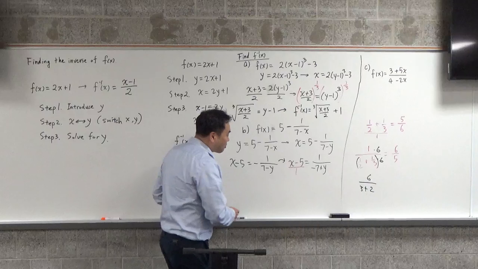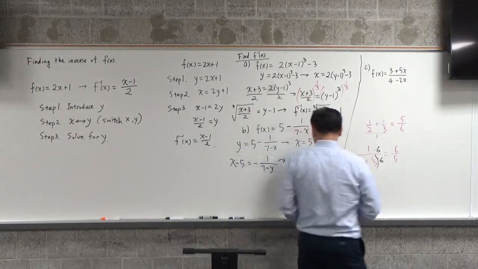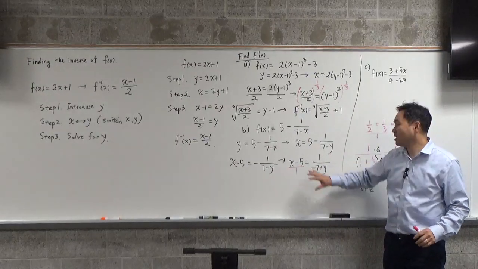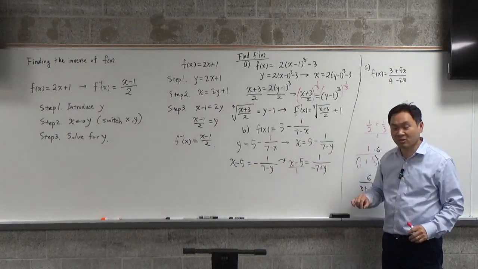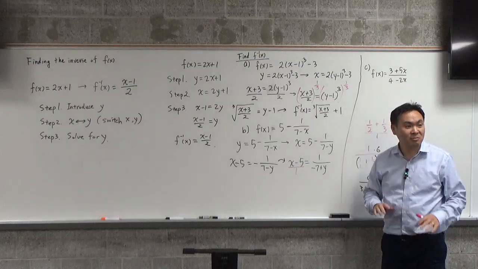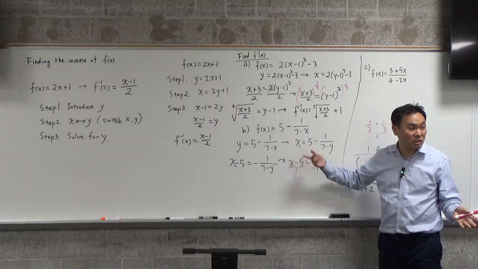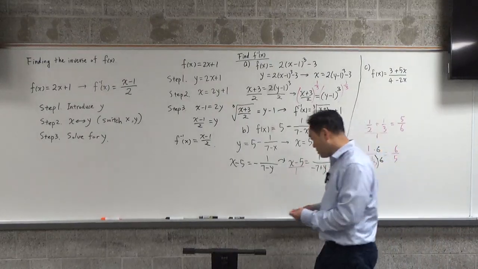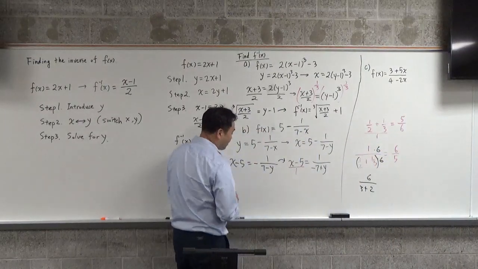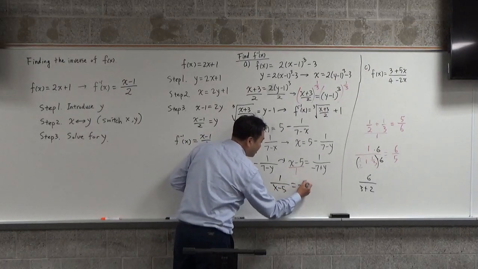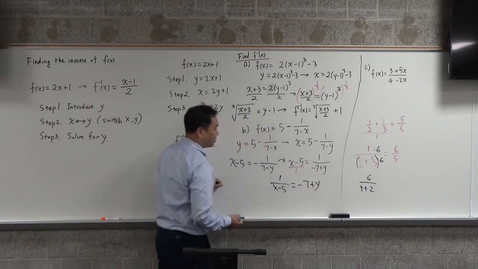So that principle is going to be applied here by saying, I have this left side and the right side. I'm just going to take the reciprocal of the left side and the reciprocal of the right side. I'm treating both sides equally and fairly, right? So the equality will still be true. That means I have 1 over x minus 5 equals negative 7 plus y.